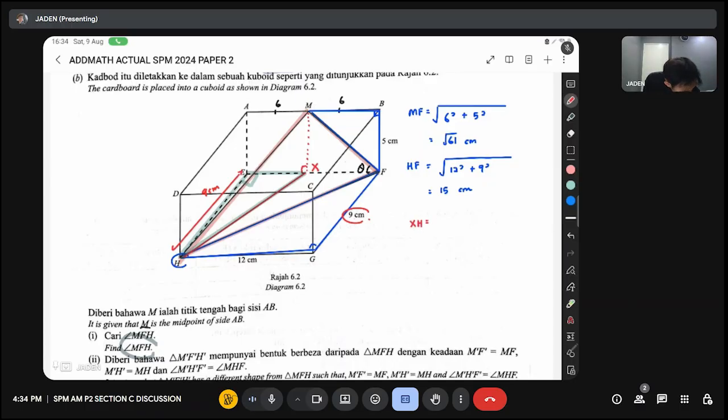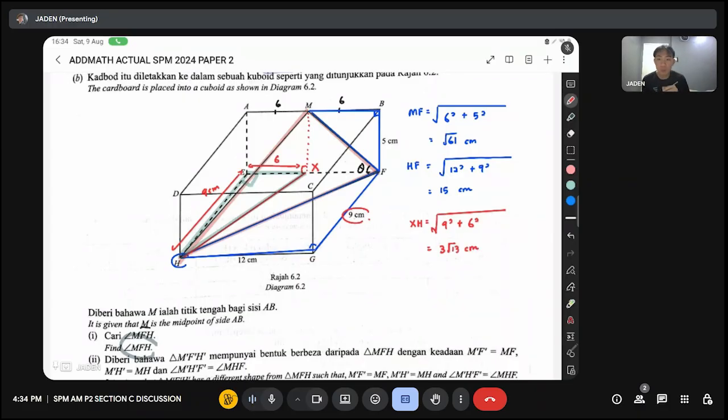So to get my XH is square root of 9 squared plus E to X. This is 6 here, 6 squared. So 9 squared plus 6 squared will give you the result of square root of 117.